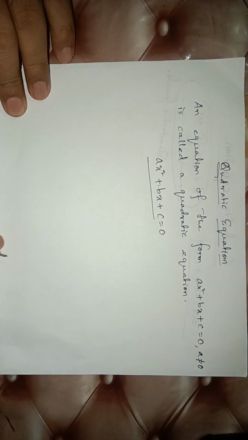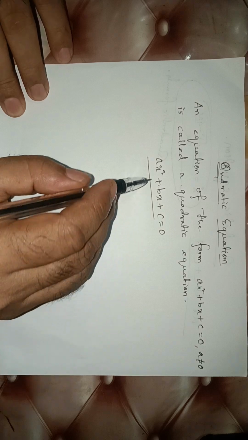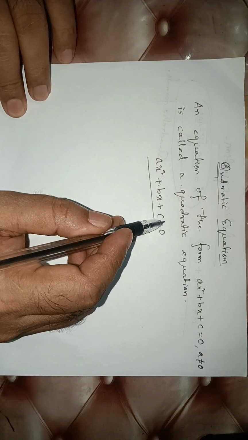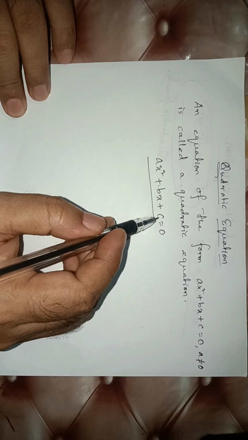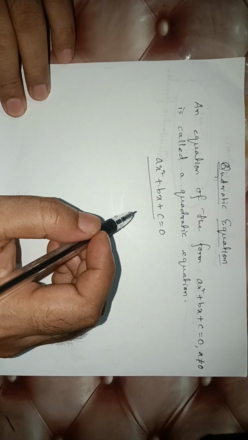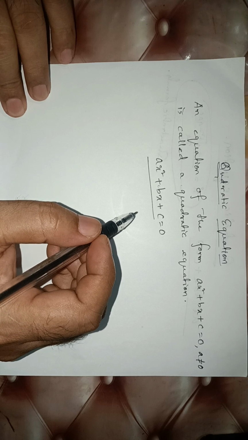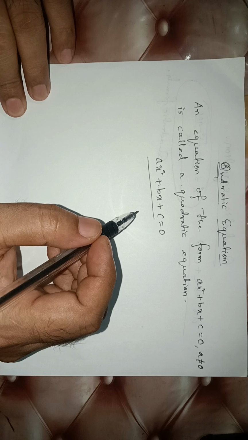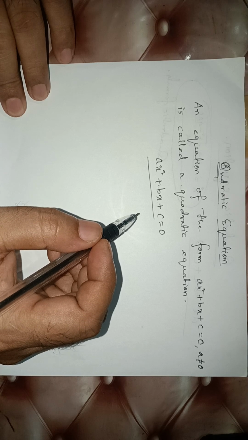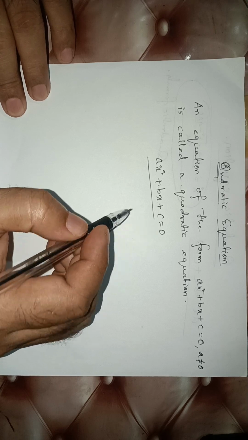Think about the left hand side of this equation. If the equal to 0 is not there, then this is a quadratic polynomial, and you have studied quadratic polynomial in the second chapter. Find the roots, the zeros of a quadratic polynomial.